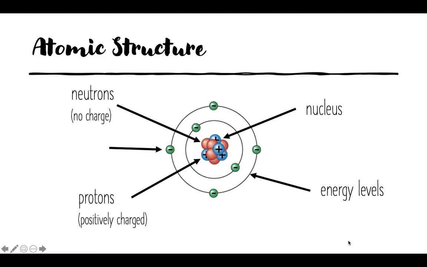Our electrons, which are the focus of today's lesson, are inside these energy levels and they are negatively charged. So our atomic structure: negatively charged electrons in energy levels outside the nucleus. The nucleus, which is in the centre of the atom, contains positively charged protons and neutral neutrons. So far, pretty straightforward.